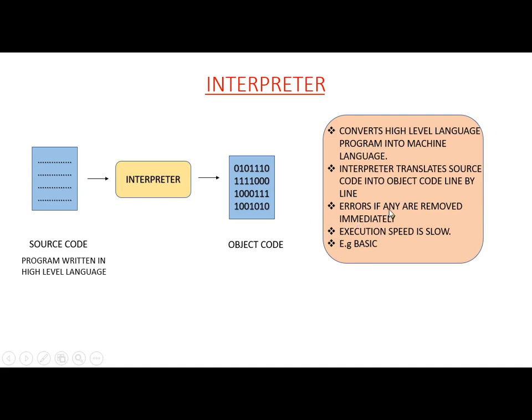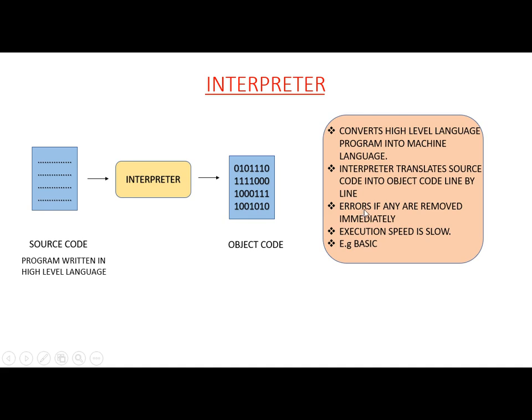Now, errors, if any, are removed immediately. Error means a mistake in writing the code. We have to follow some rules while writing any computer program, and if we violate a rule and write something wrong, then the interpreter will generate errors.